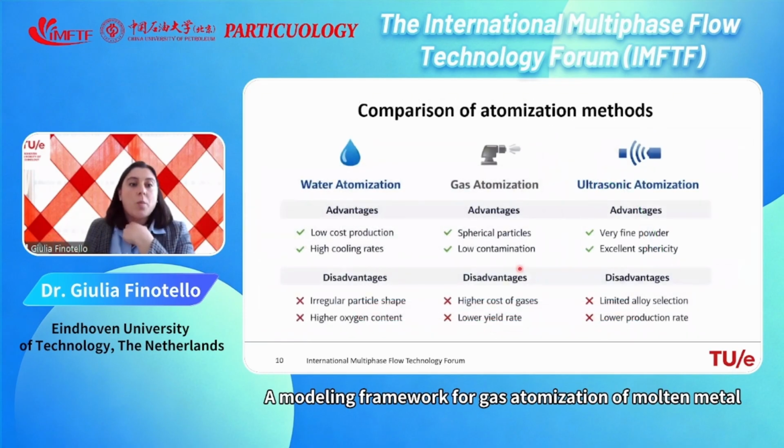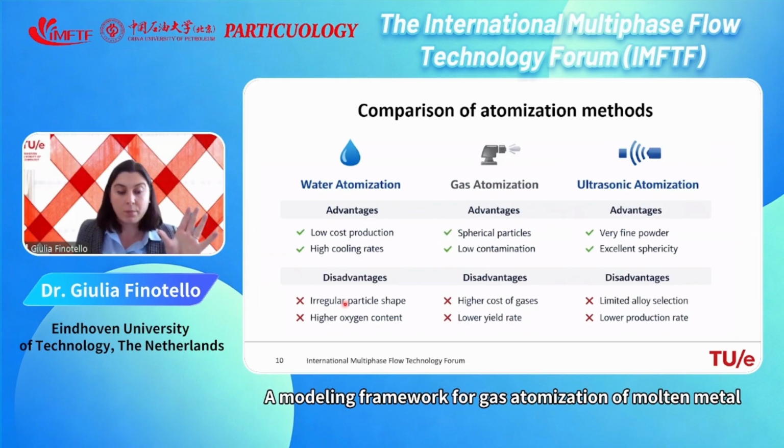If we compare these atomization methods, for water atomization there is definitely a low cost of production compared to gas atomization. However, we produce irregular particle shapes and we have a higher oxygen content.